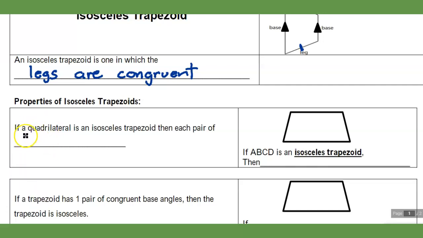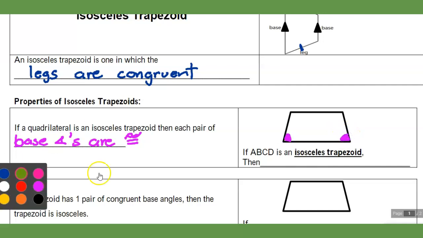So if a quadrilateral is an isosceles trapezoid, then each pair of base angles are congruent. Now, so we have some base angles right here. Okay. And we also have some base angles up here. And they're color-coded to be congruent to each other.